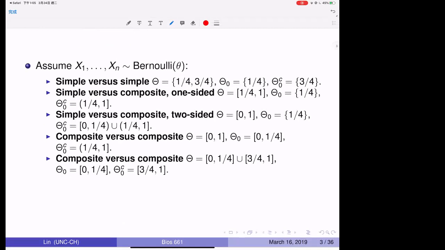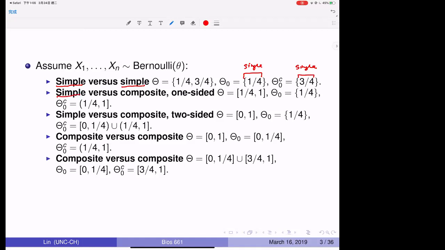In this class, it's really important to tell what the space division would be. When we talk about null versus alternative, we identify how large the parameter space is under the null or under the alternative. The first one is so-called simple versus simple, which means the null space has only a single point, and the alternative also has a single point.